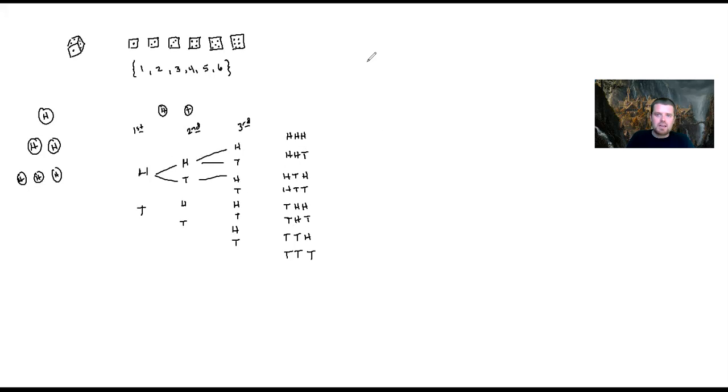Now, when we roll 2 dice, this is another thing that comes up quite commonly. Because there are 6 sides on each die, 6 times 6 gives me a total of 36 outcomes. Again, if you want to, you could illustrate this, showing the faces of the die, and sometimes in a sample space table you'll see that.